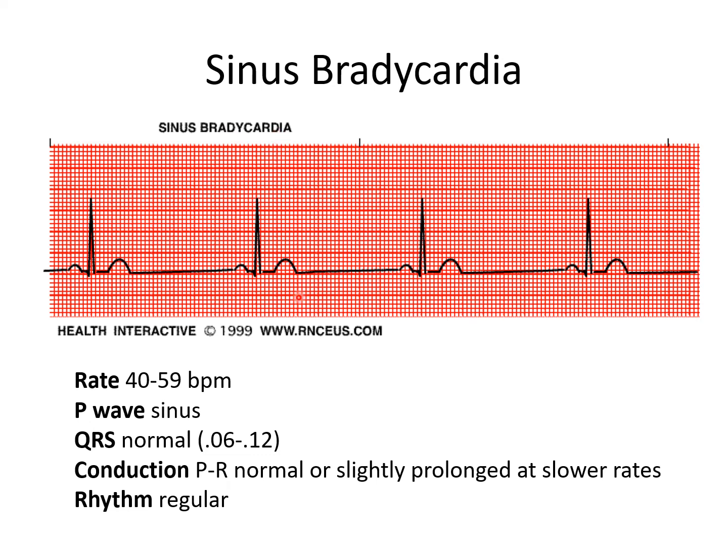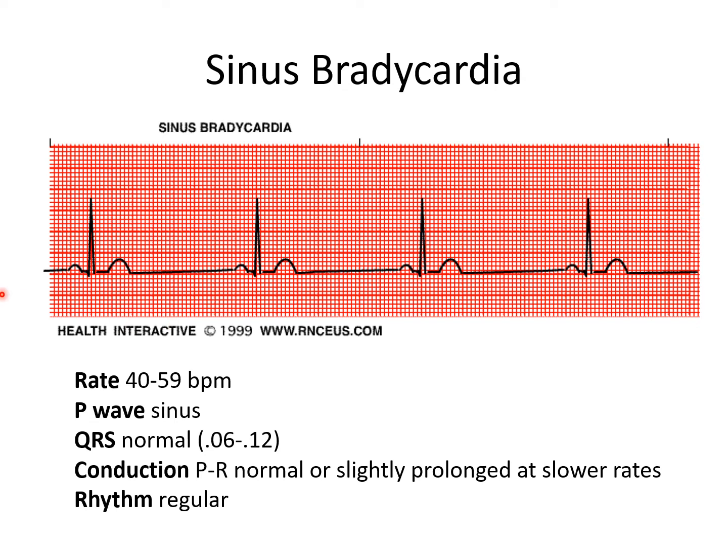Okay. There are other things that we have to consider here. We cannot say that a rate is sinus until we confirm that there is a P wave in front of every QRS. And here it is.